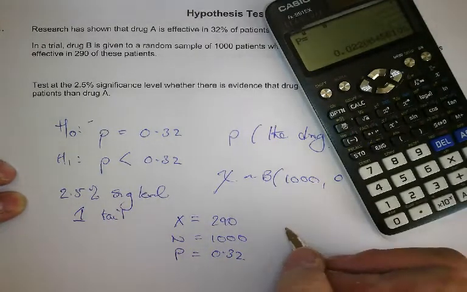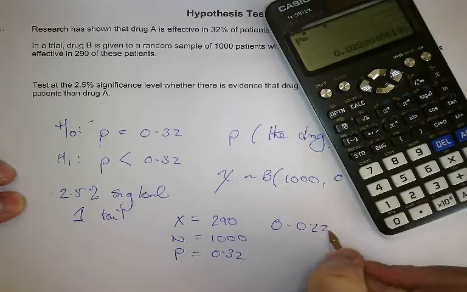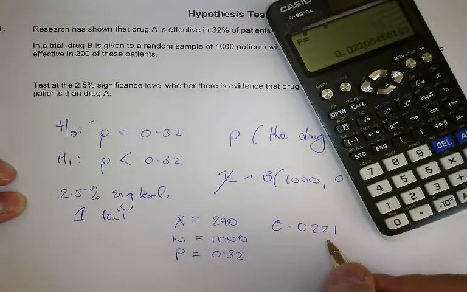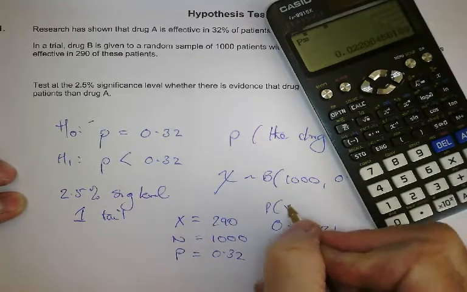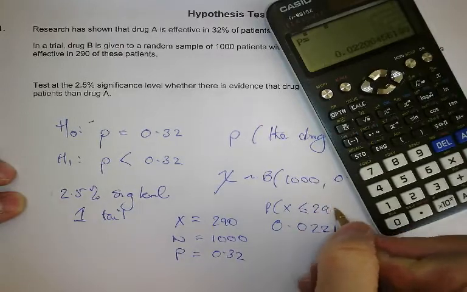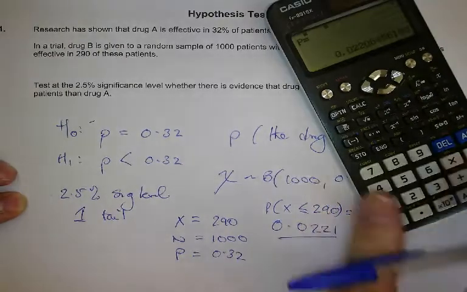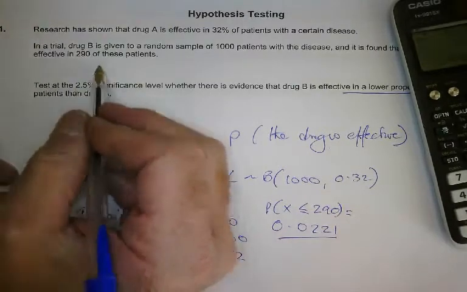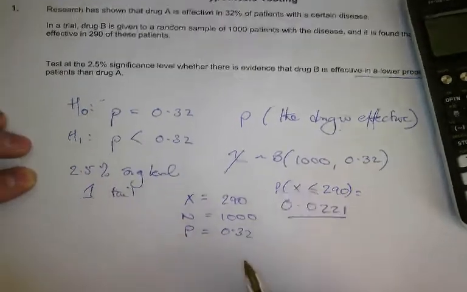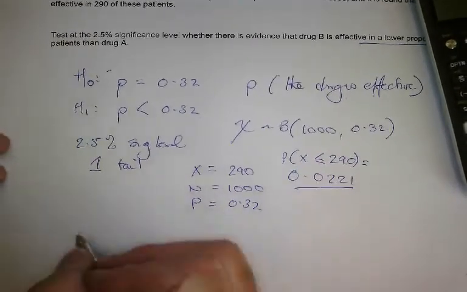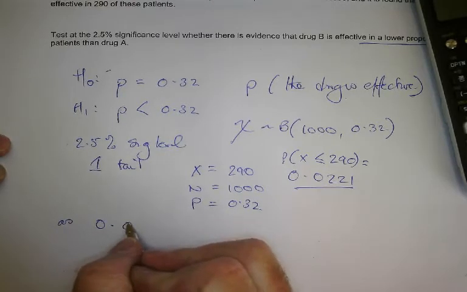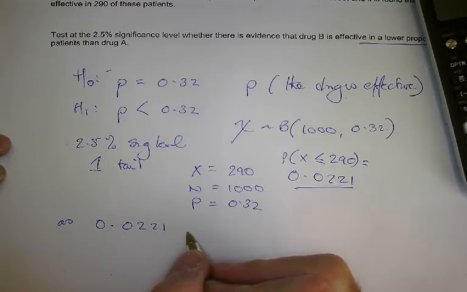0.0221. So the answer here is 0.0221. So that is the probability that x is less than or equal to 290. And we know that we want it as a 2.5%. So what you write here, and that's quite important, is 0.0221. Now you've got to listen to this.